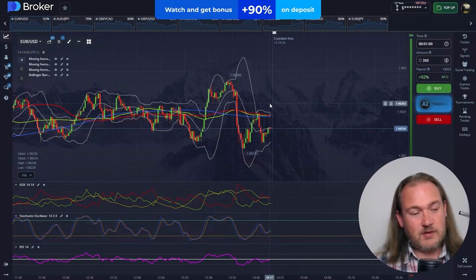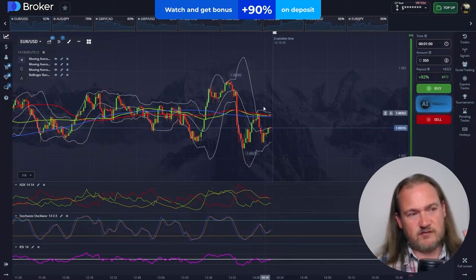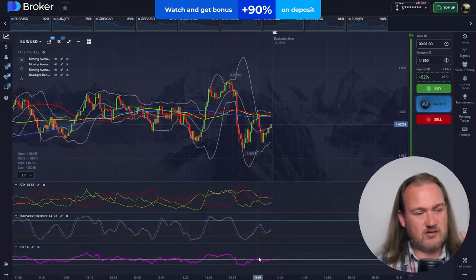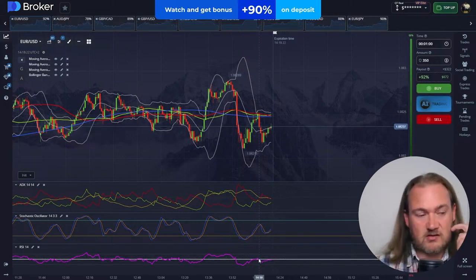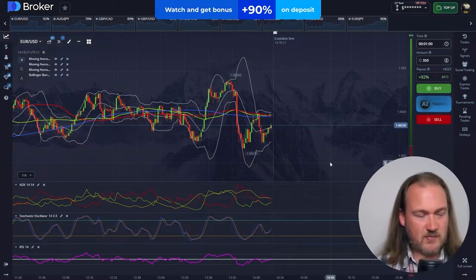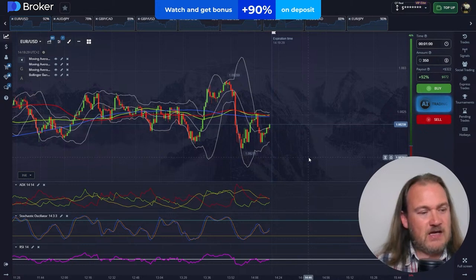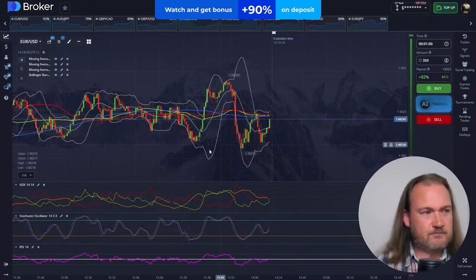So if we combine those, what I like to do is, in this example here as well, when price gets outside of the Bollinger Bands, I look at the RSI and see that we had downwards momentum here, and when we hit the middle line, the RSI got rejected. So the RSI continued downwards, which tells me that the downwards momentum is likely to continue. And that will also be a reason for me to enter a trade if price is outside of the Bollinger Bands.